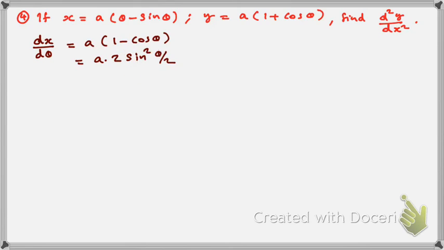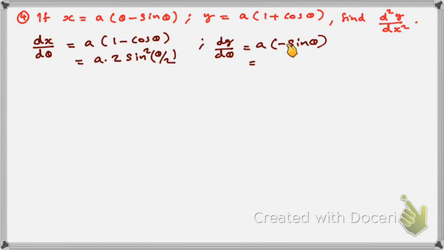I applied that formula. Now I'm going to go to y and find dy by d theta, because y is a function of theta. So dy by d theta will be a into 1 will become 0, and derivative of cos theta is minus sin theta. Now I face a problem. I changed my dx by d theta in terms of theta by 2, half angle.